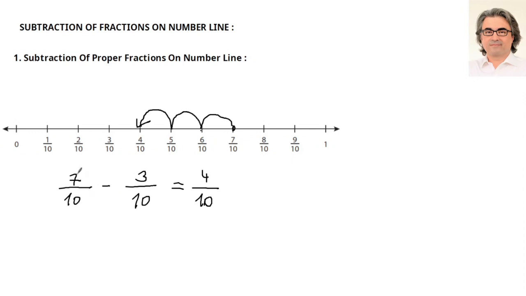Now as you see, 7 over 10 and 3 over 10 are proper fractions and at the same time like fractions. Their denominators are equal to each other. And like in addition, we may make this operation algebraically as follows.